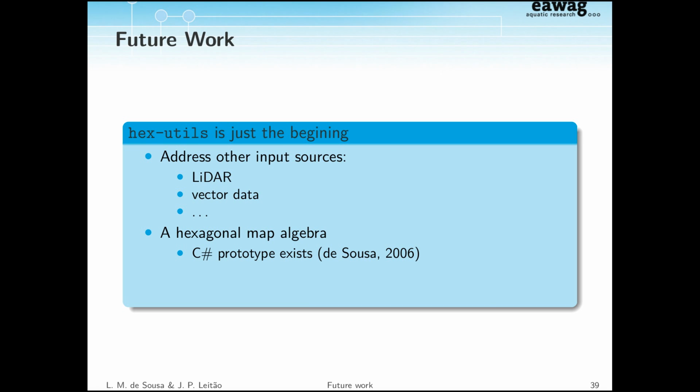There is already a prototype that was coded in the C# language many years ago, when this language appeared to be a bit more useful than it appears to be now. And this is a good candidate to be translated into Python and to be coupled with the Hex-Utils.